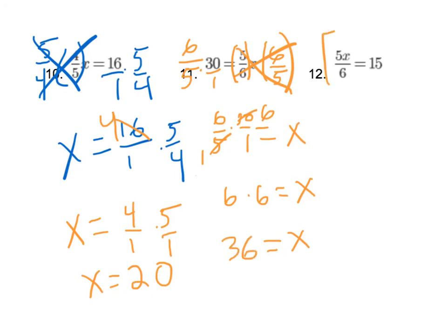For this problem here, we have 5x over 6 equals 15. Well, if we think about 5 times x over 6, that's the same as 5/6 x. To get rid of that, same technique. Multiply each side by 6 over 5.